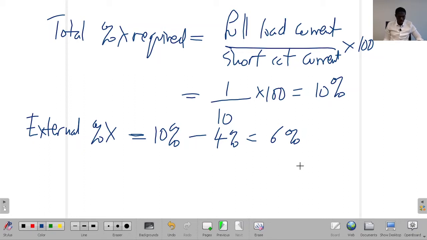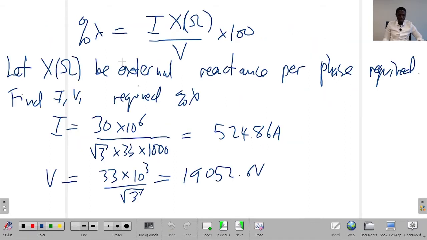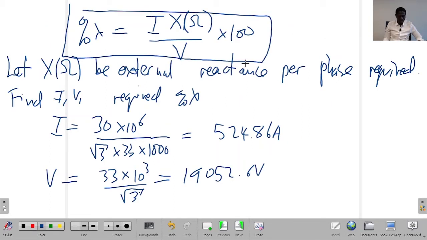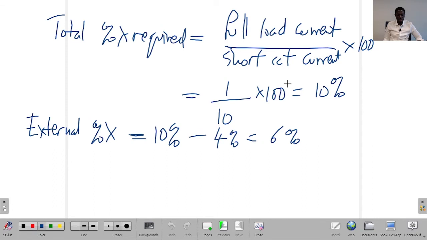From there, we go back to our equation, so that we can calculate what X in ohms would be. We convert this equation to X in ohms to obtain the required solution.